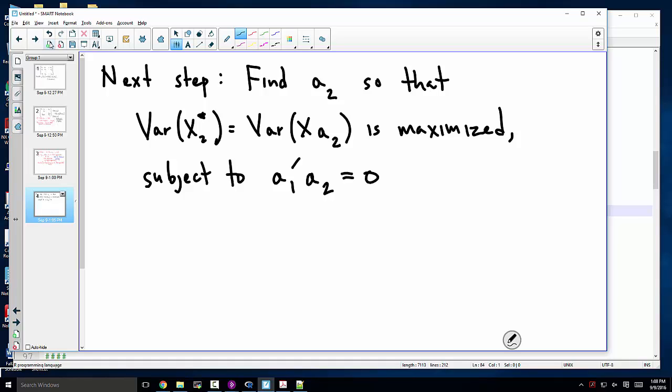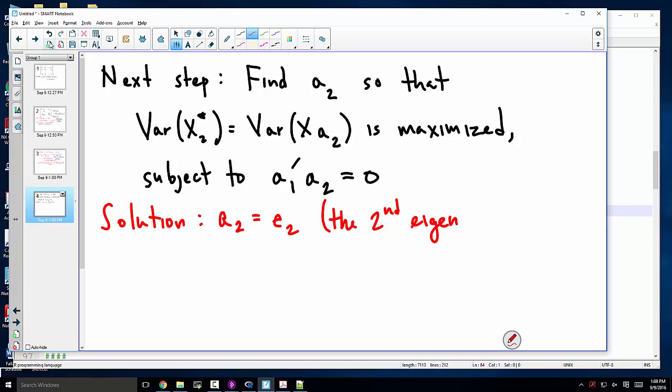So in this case, the solution is to make x2 star equal, let's do it this way, to set a2 to be equal to e2, the second eigenvector of sigma.